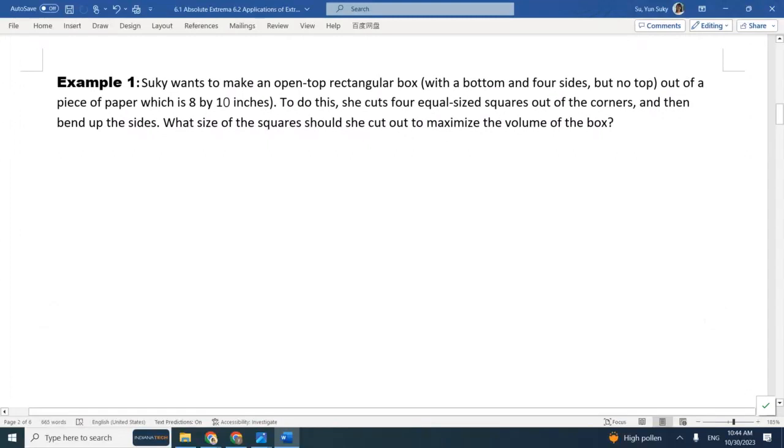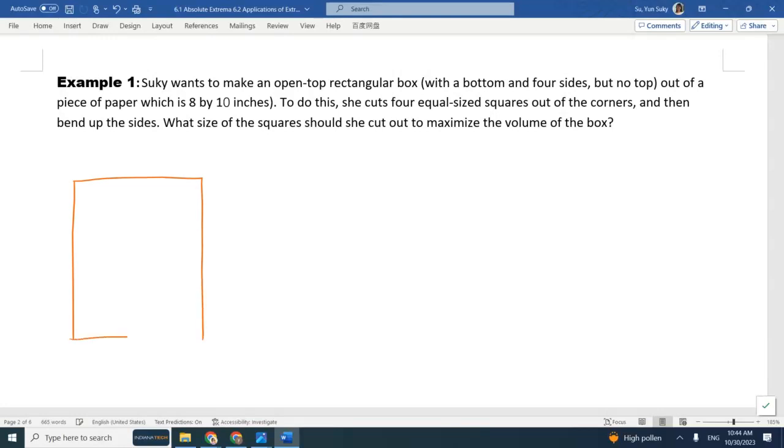Suki wants to make an open top rectangular box with a bottom and 4 sides, but no top, out of a piece of paper that is 8 by 10 inches. So I have a paper that is 8 by 10 inches, and I cut out 4 equal size squares from the corners.